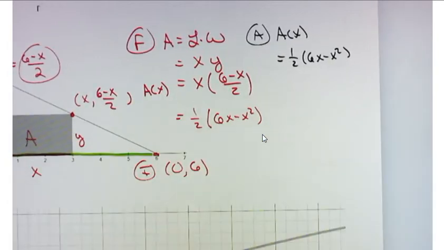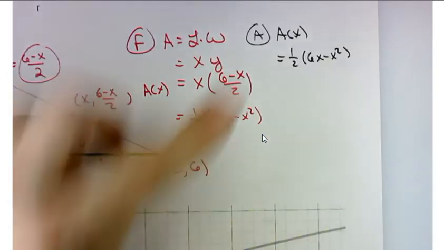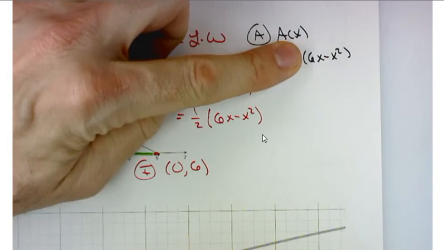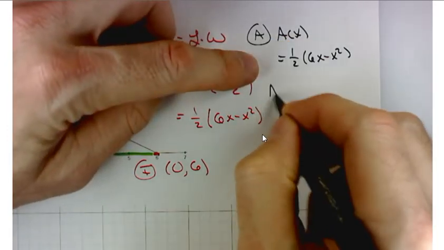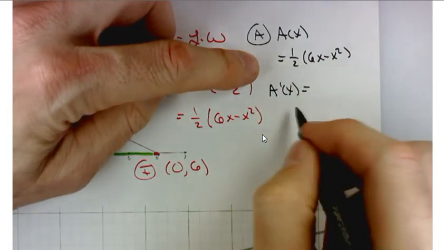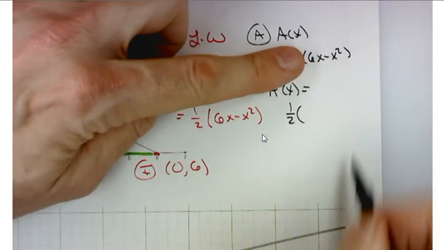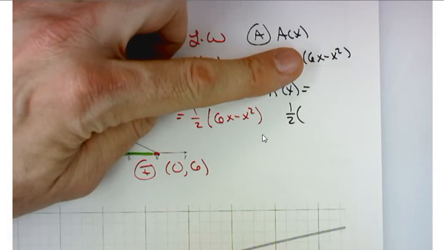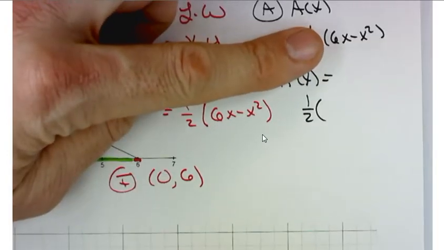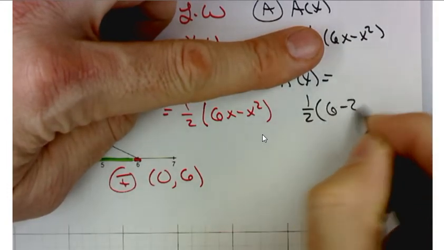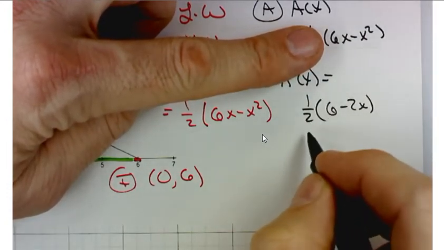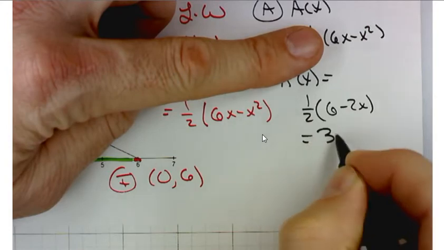But when you're differentiating, a constant doesn't really come into play, so just look past that. Let's differentiate the 6x minus x squared. So A prime of that is going to be 1/2, and the derivative of 6x minus x squared, what is that? 6 minus 2x. And now if I want, I can distribute that and get 3 minus x.